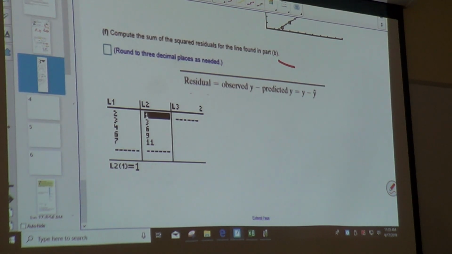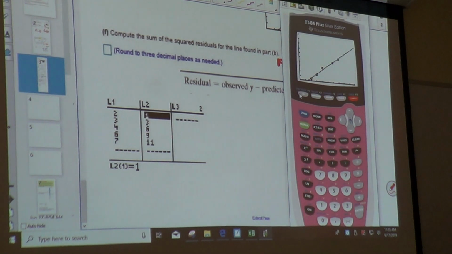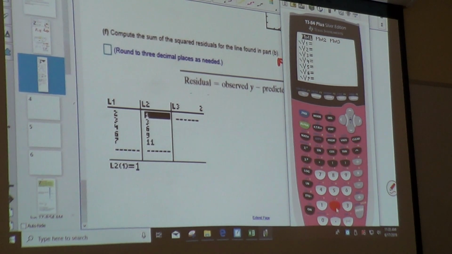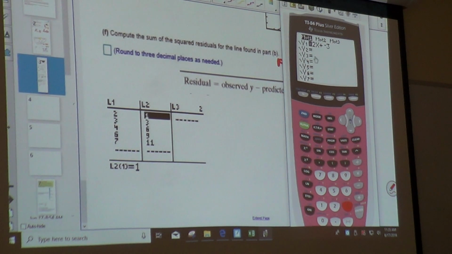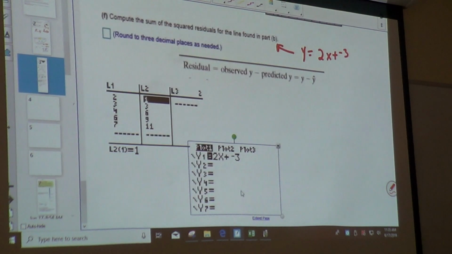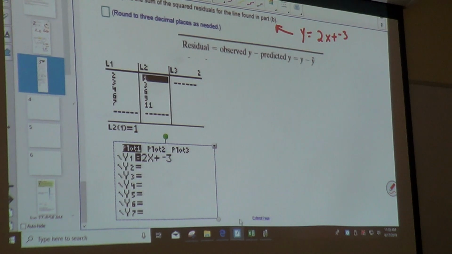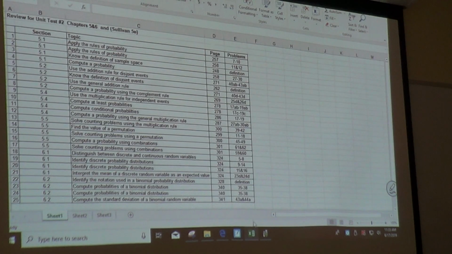And part B's equation was y equals 2x plus a negative 3. So I've got to go into my calculator to y equals, take that one out, and put in 2x plus a negative 3. Because that's what I need to be using to predict.